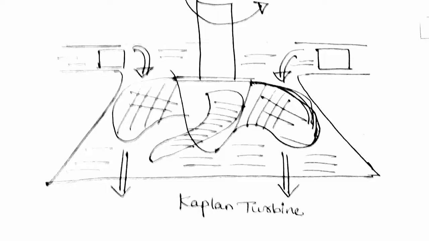So that's one way. As you can see in the diagram of the Kaplan turbine, the water will be flowing from the top, and this will cause the shaft to rotate, and when the shaft rotates, the turbine will produce electricity as always.